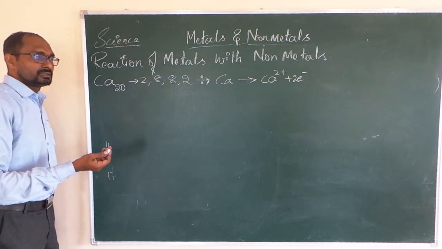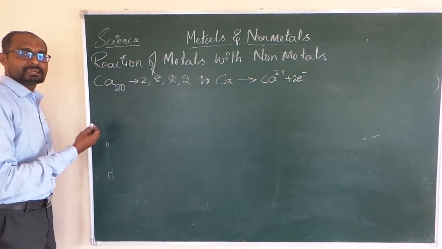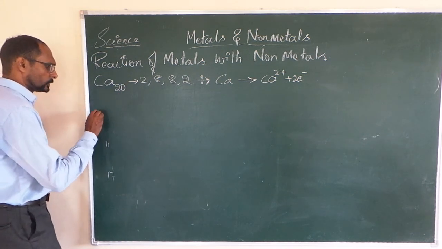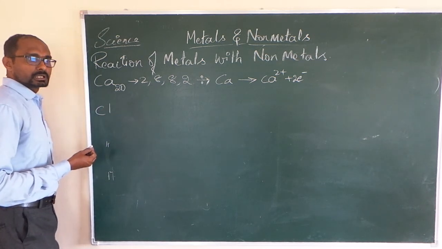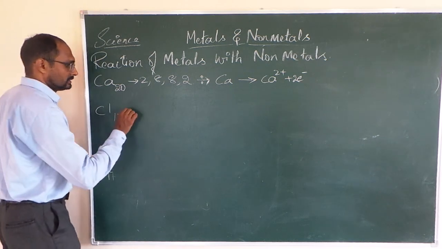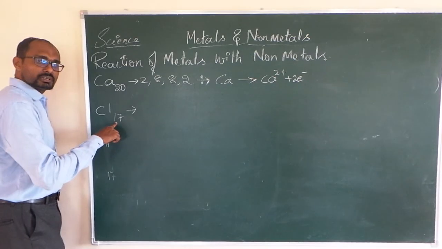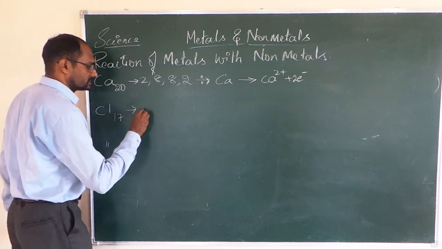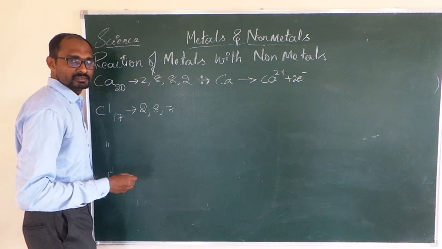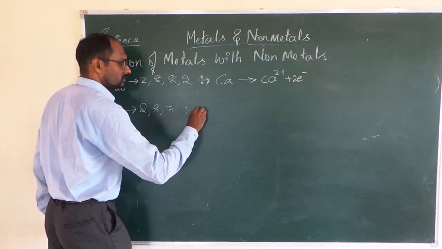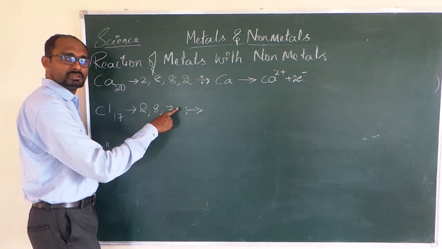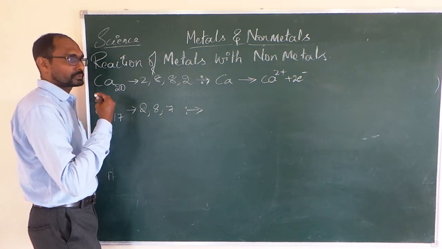Suppose I take another element which is a non-metal. I would take chlorine. Chlorine atomic number is 17. Now, chlorine has electronic configuration 2, 8, 7. This chlorine has 7 electrons in the outermost shell, so it will gain an electron.